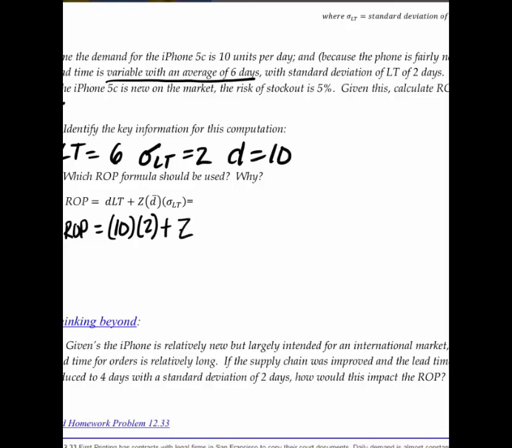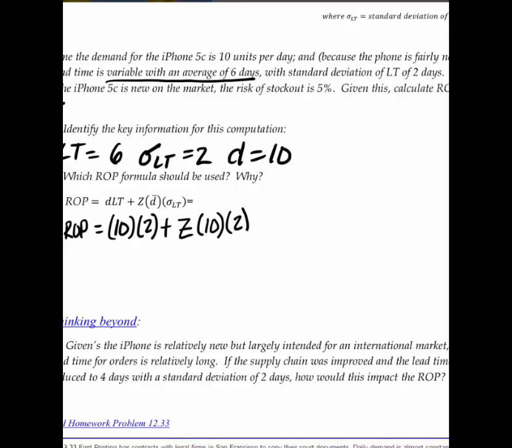I'm just going to leave it as Z, and we'll come back to that in a second. Our average daily demand, which is 10, multiplied by the standard deviation of lead time, which we know is 2.